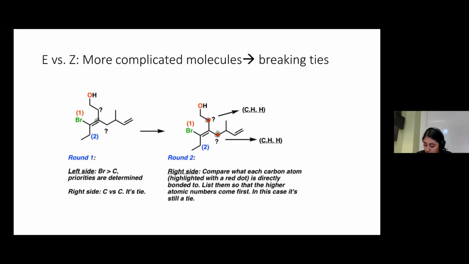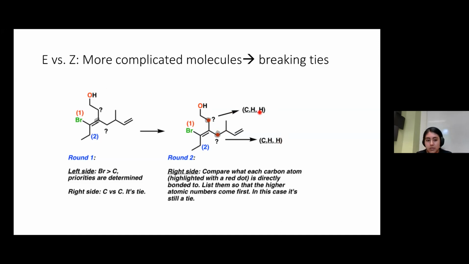This one is attached to a carbon and then 2 implied hydrogens, so we will write that down: carbon, hydrogen, hydrogen. And this one right here is attached to a carbon and then 2 implied hydrogens, so you would write carbon, hydrogen, hydrogen. It's the same issue. These 2 are exactly the same. There's no higher priority one compared to the other.